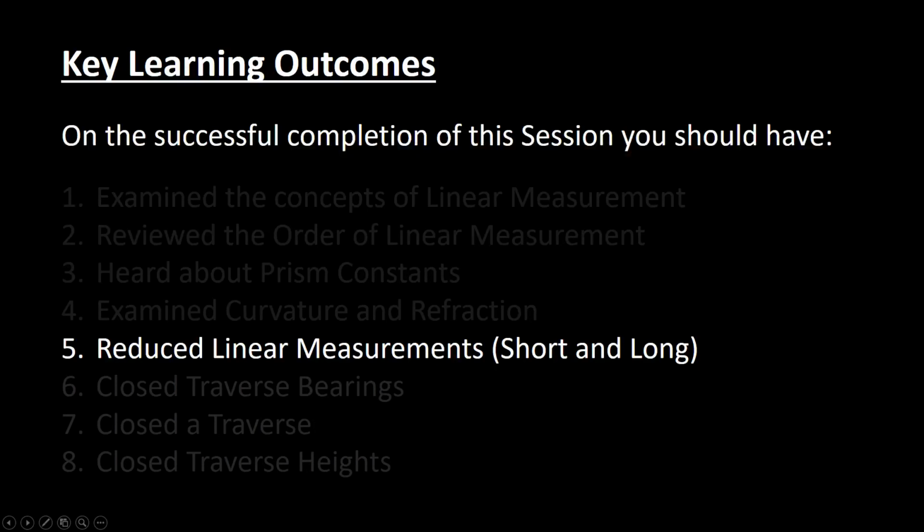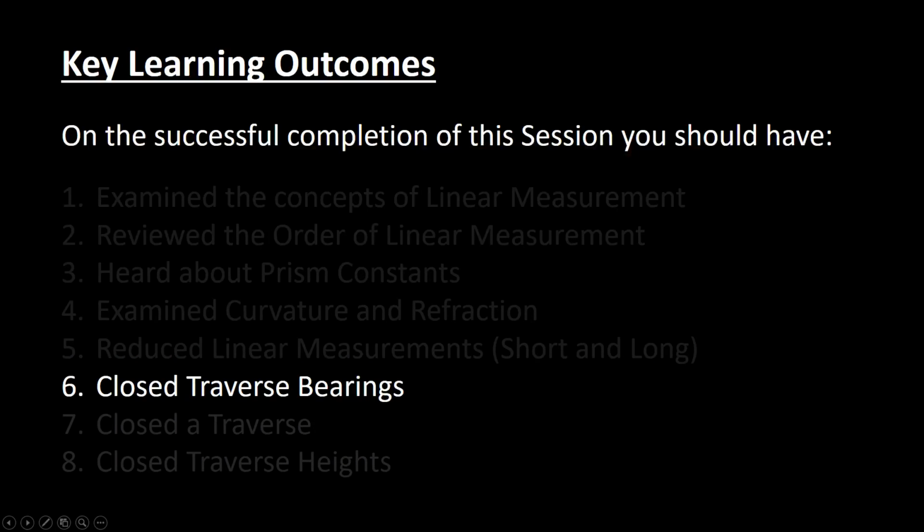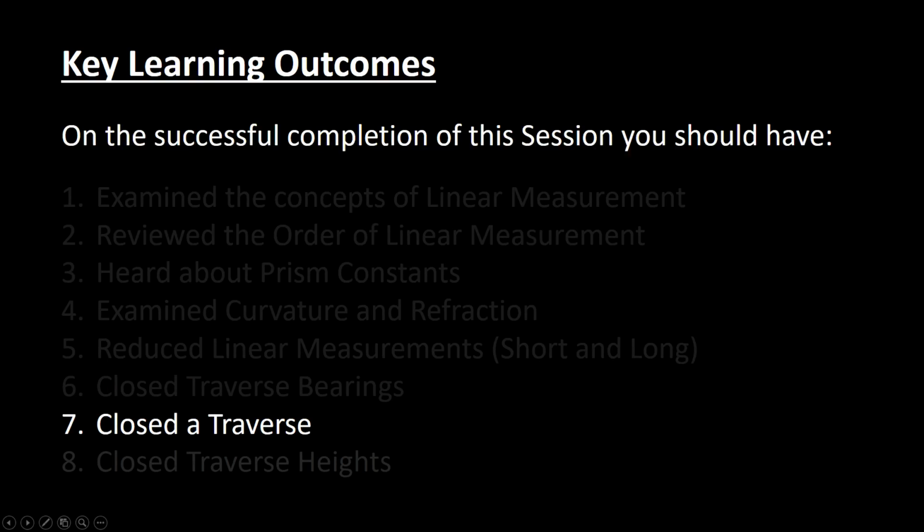Okay, we will then be starting to look at closing traverse bearings. As things progress with the traverse assignment, bearings will need to be closed, and you need a good understanding of closing traverse bearings. It's a huge part of traversing. Not only do we have to close the bearings, but we have to close the traverse for position and distance.